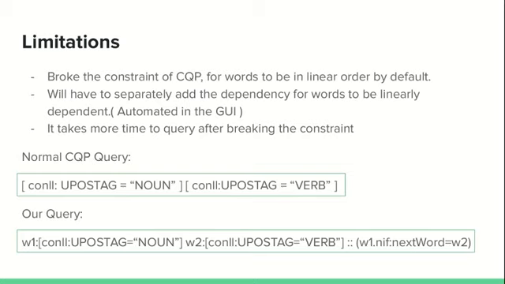This was done in order to decrease the complexity of the GUI and increase the power of the tool. To make them continuous, we have to specify a dependency between both of the words, as you can see in the lower example.